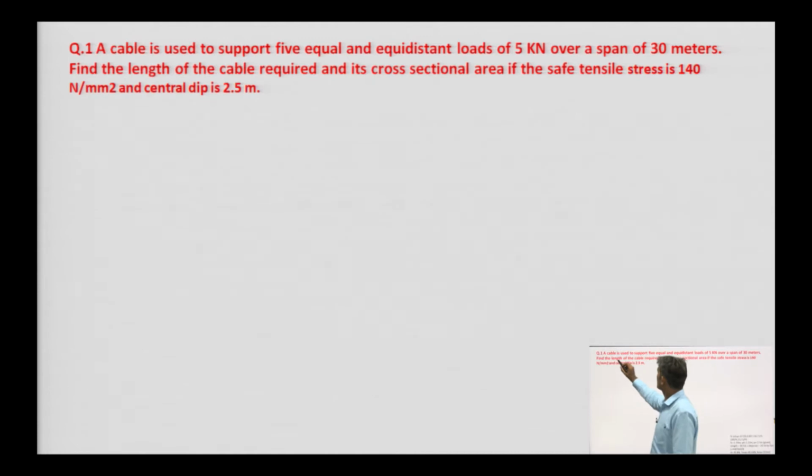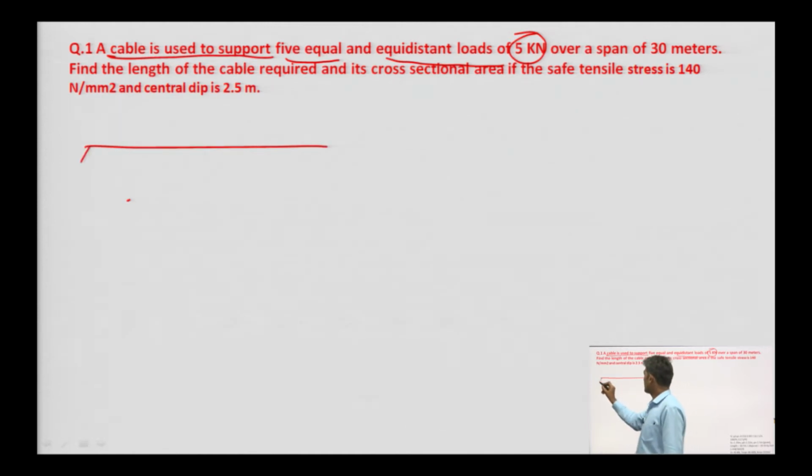To solve a few questions, and the first question is: a cable is used to support 5 equal and equidistant loads of 5 kilonewton over a span of 30 meters. Over a span of 30 meters means we have a horizontal length, 1 2 3 4 5, this one.